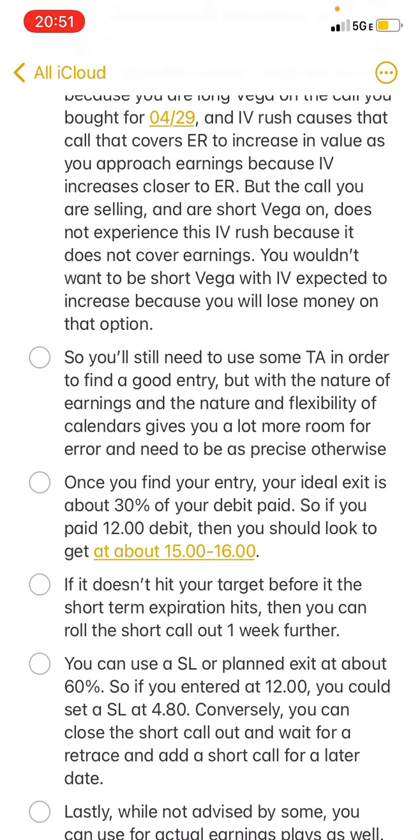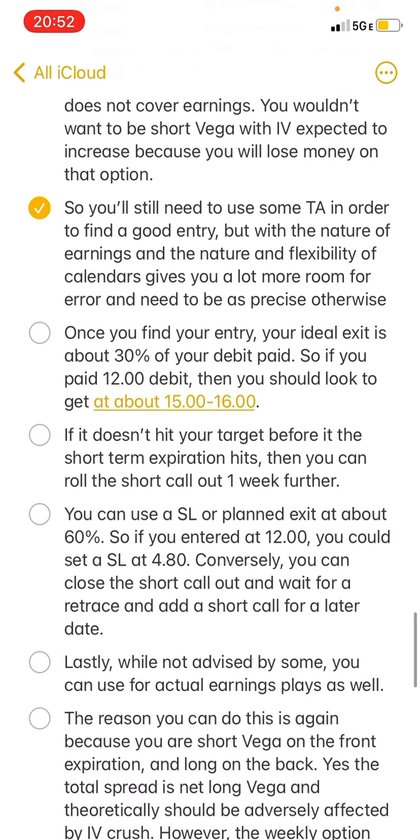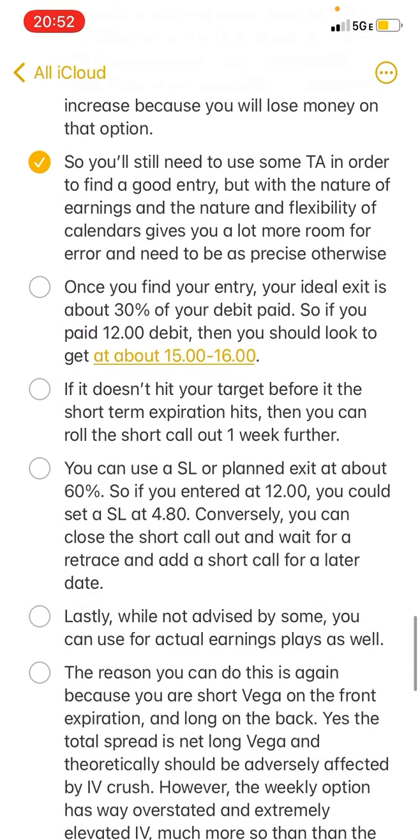You wouldn't want to be short vega with IV expected to increase, because you will lose money on that option, right? So again, you'll still need to use some TA in order to find a good entry, but with the nature of earnings and the flexibility of calendars, this gives you a lot more room for error, and you need to be a lot less precise otherwise, right?